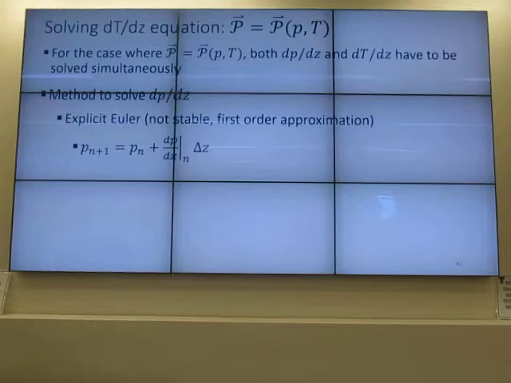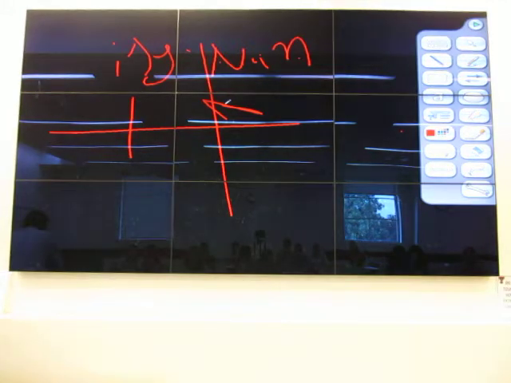Raymond, please help me. I need an annotator. How do I make the annotator pop up? Sorry. That should do it.